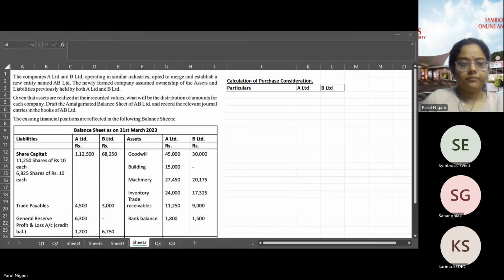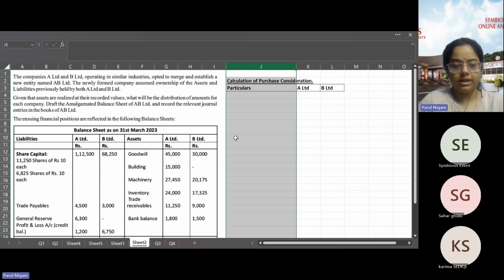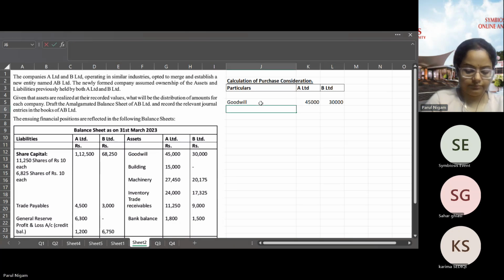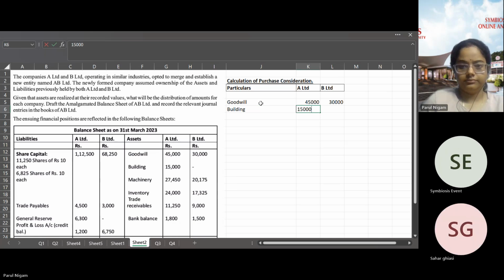So let's one by one see what are the assets of these companies and we'll compute the net assets. So the first is your goodwill. You can see in the balance sheet over here. I'm just solving it parallelly, so that it is easier for you to see where the figures are coming from. Goodwill 45,000 and 30,000. That's right. Then building, then machinery.